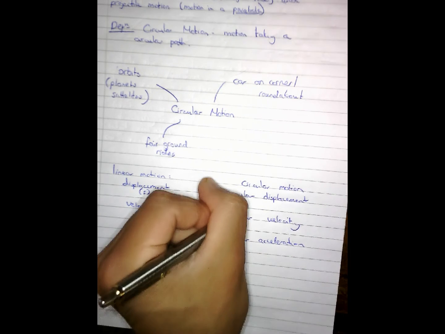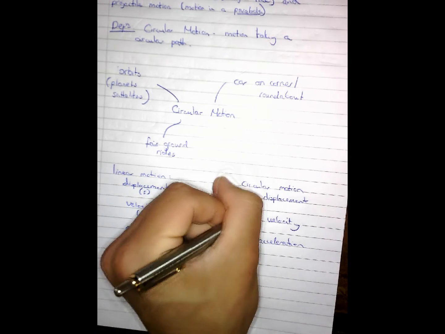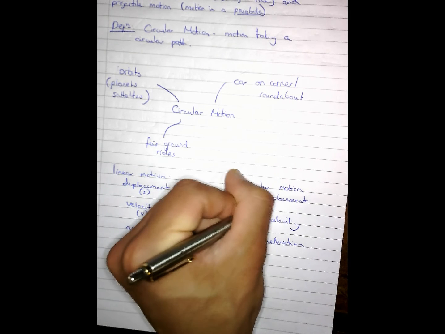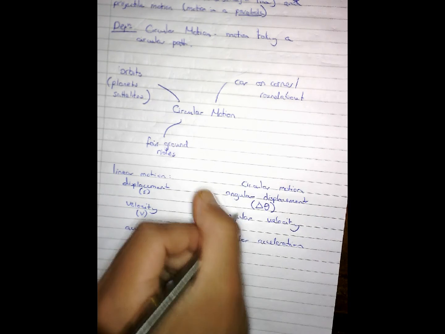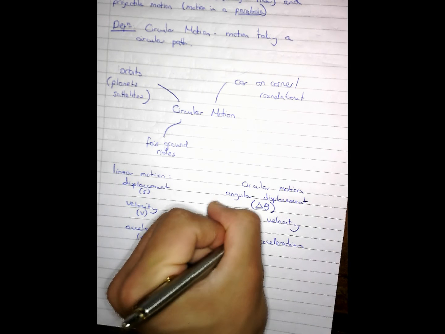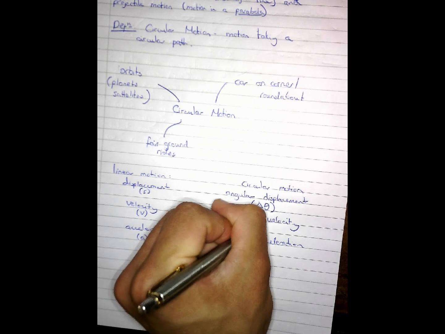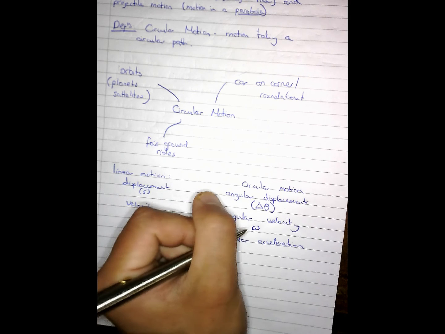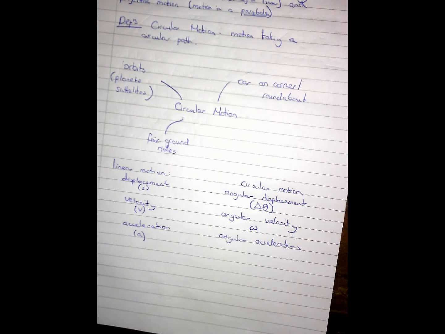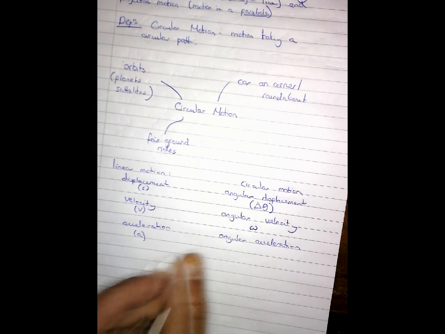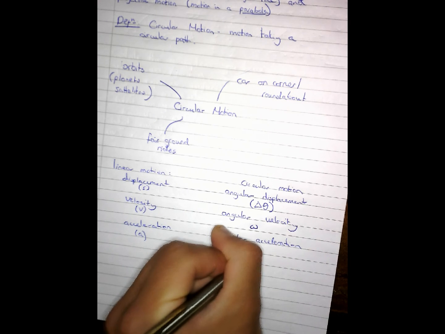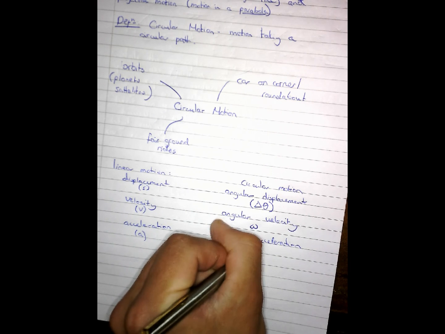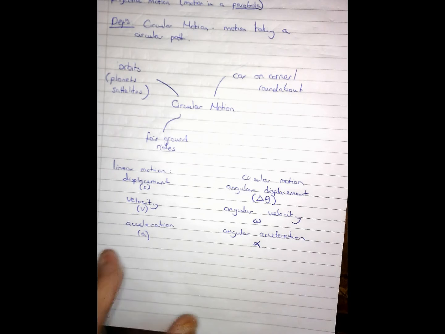So angular displacement most often is given the symbol delta theta, change in angle. Angular velocity is given the Greek letter lowercase omega, which is drawn like that, not W. And the angular acceleration is given the Greek letter, again, lowercase alpha.